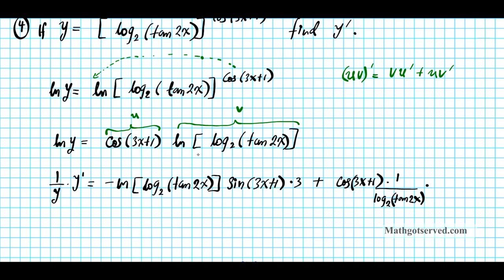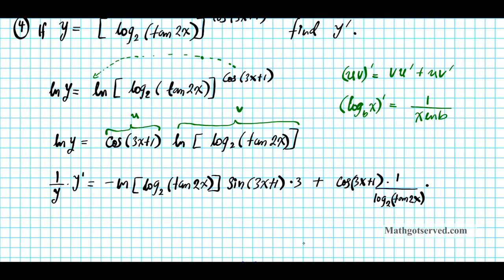Now let's shift our attention to log base 2. Remember what the derivative of log is? Let's write it down so we don't forget. It's a weird one to remember. The derivative of log base b of x is 1 over x times the natural logarithm of b.